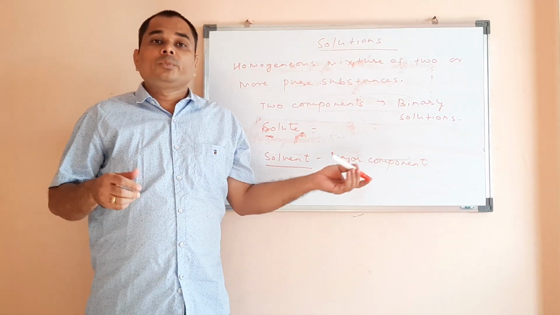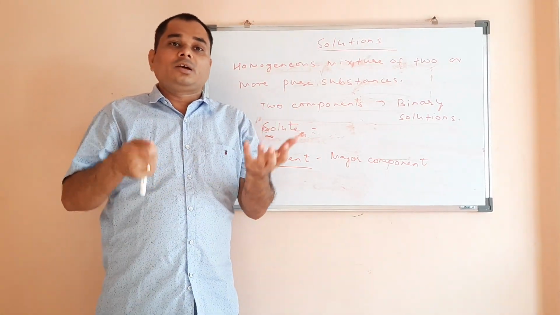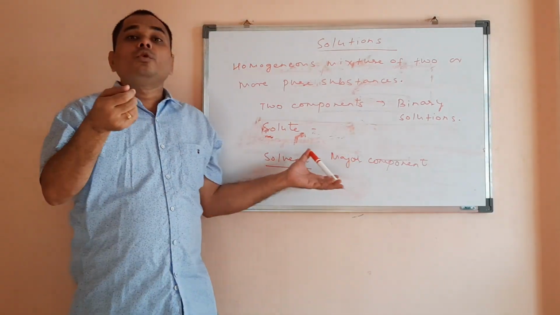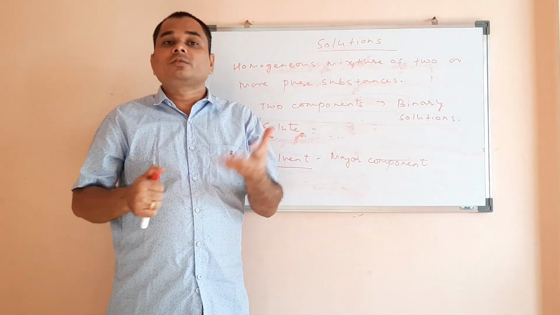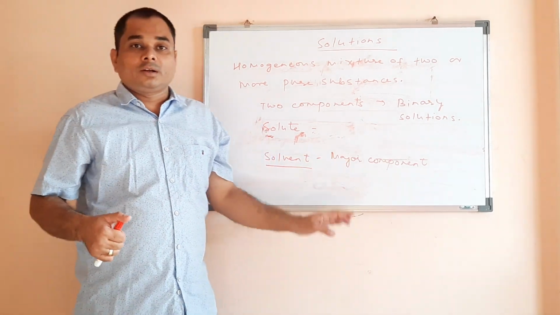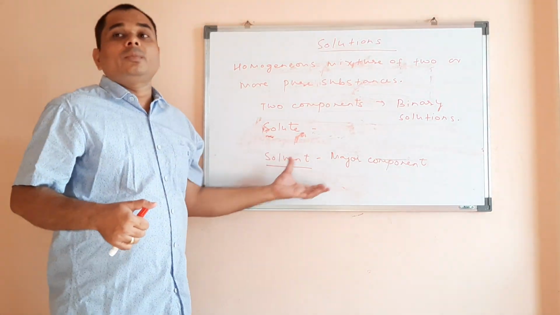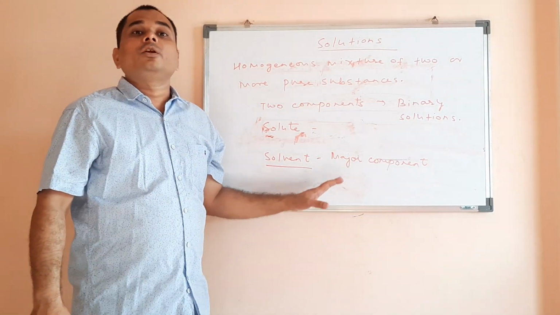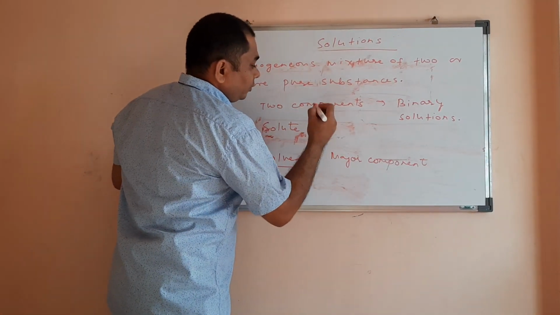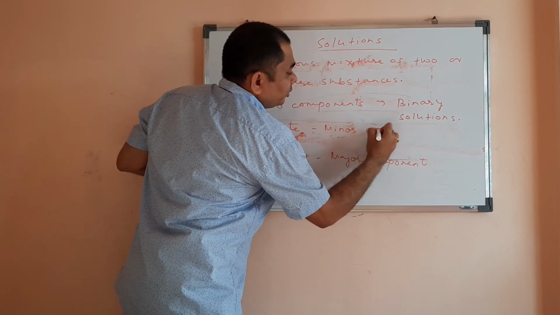Say for example, you are mixing some sugar in water. You have taken say a teaspoon full of sugar and you have mixed it in a glass of water. So water is the major component here. Therefore, the state of the solution will be same as that of the state of the water. That is, it will be a liquid solution. Whereas the other component is a minor component.